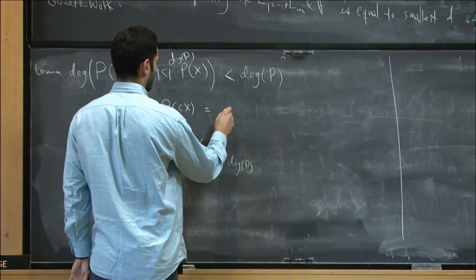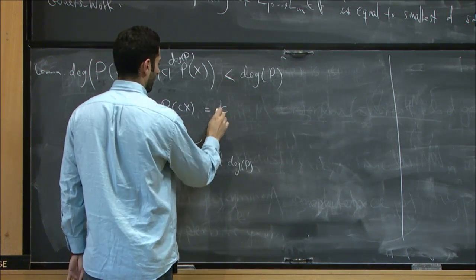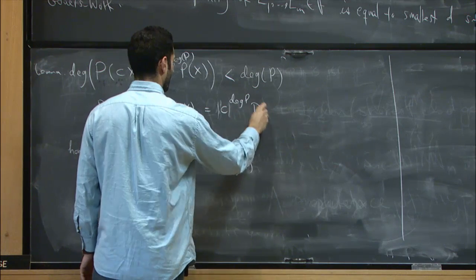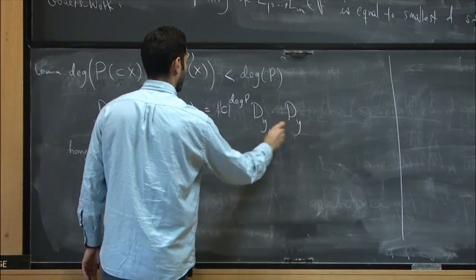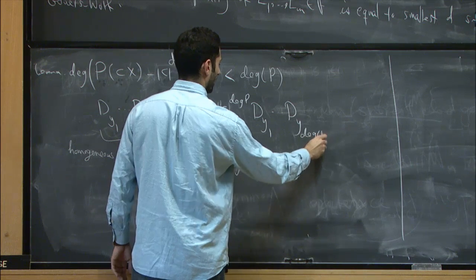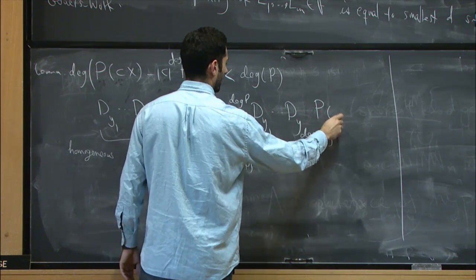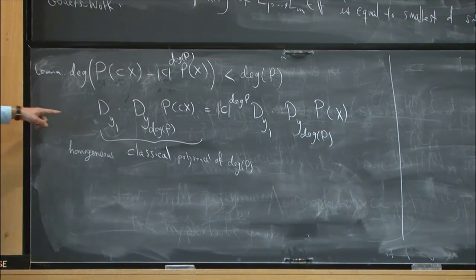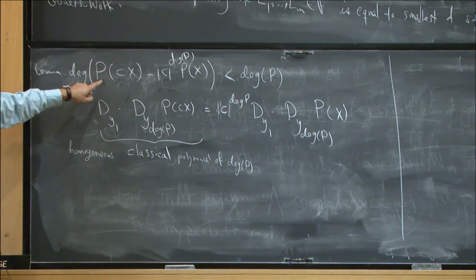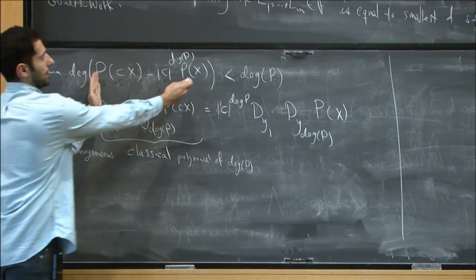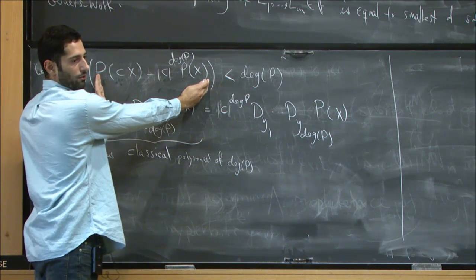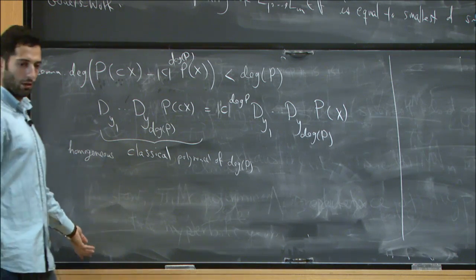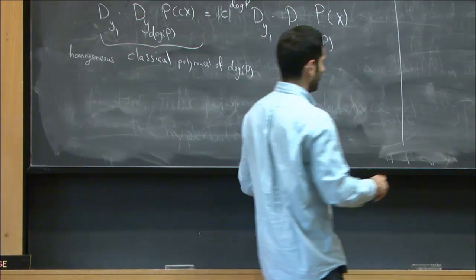That means that this is really equal to c to the degree of p. But this identity tells me that if I take d derivatives of this polynomial, it vanishes. So it means that the degree of it must be less than the degree of p. But I don't want to go further, because we don't have so much time left.